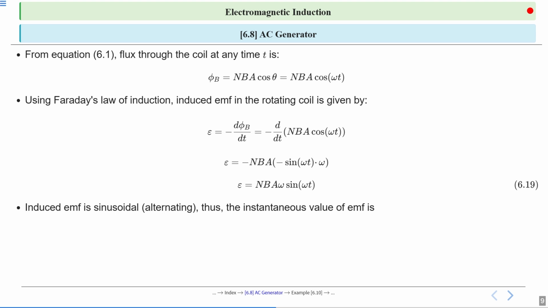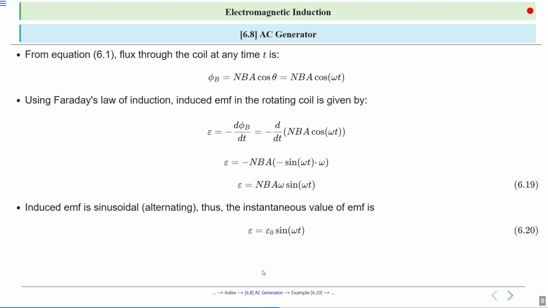This is the instantaneous value: at any time, EMF is represented by epsilon equal to epsilon naught sine omega t. You can see this is a constant value NBA omega, so it is represented as epsilon naught. This equation is marked as 6.20. Now the sine function lies between plus 1 and minus 1.